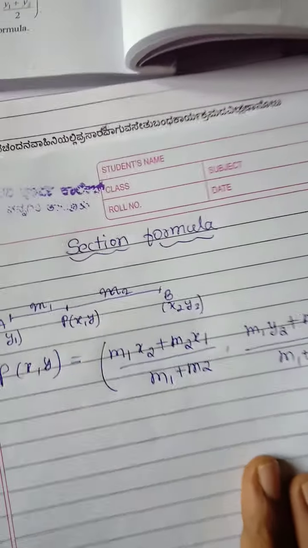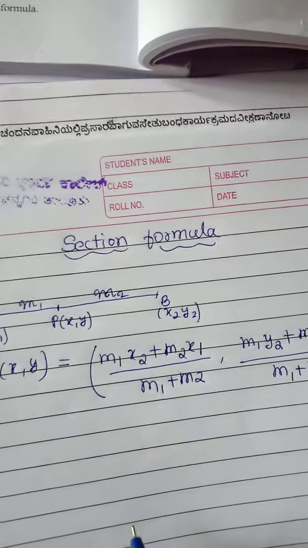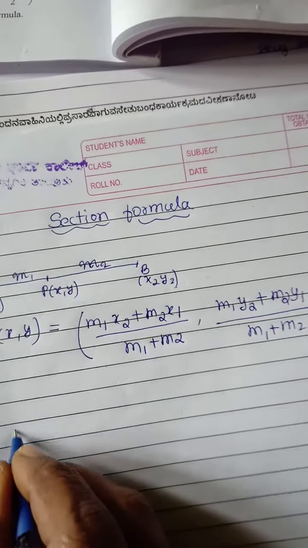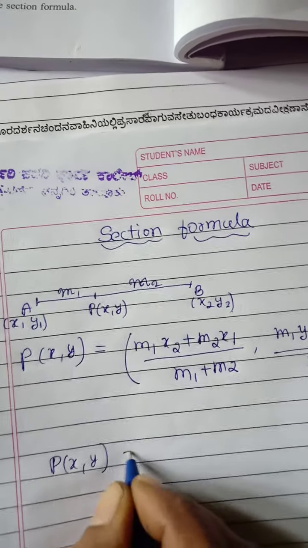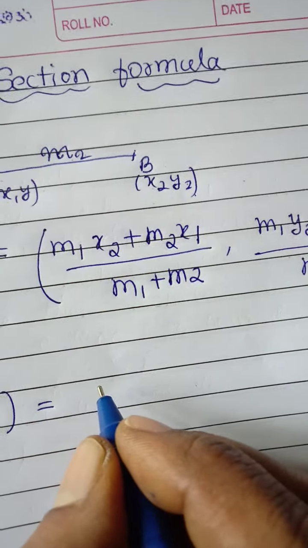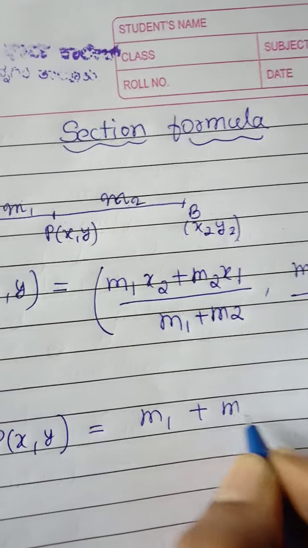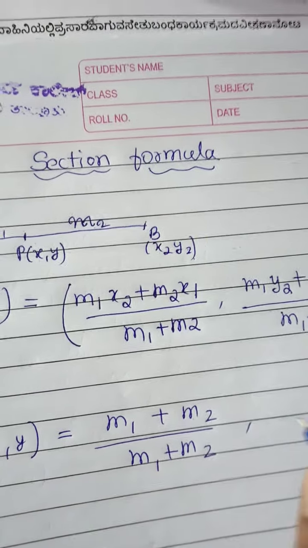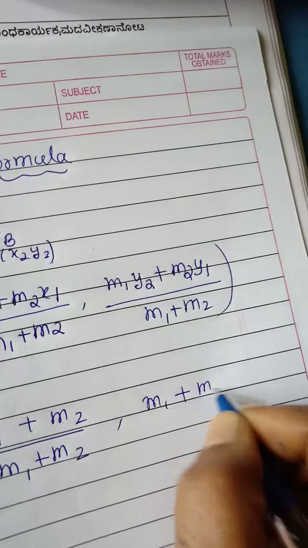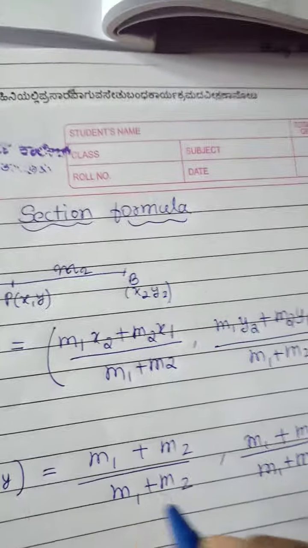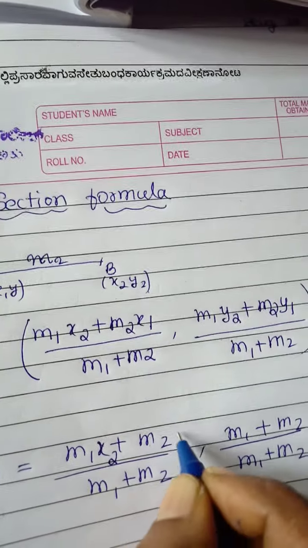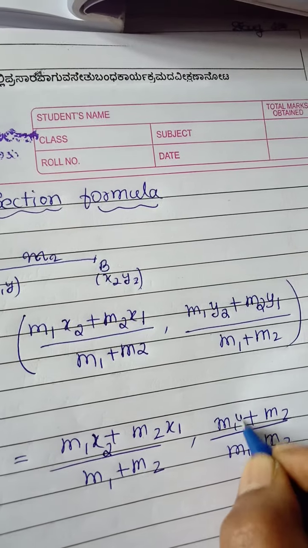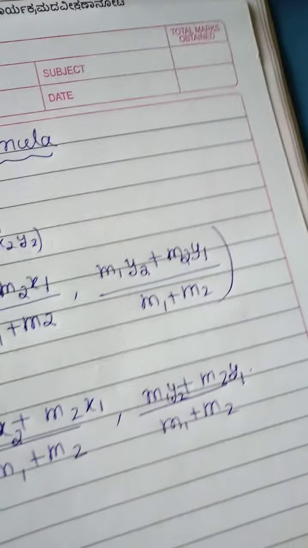This section formula can be easily written like this. P(x, y) is equal to: first of all, write (m1 plus m2) divided by (m1 plus m2), comma, here also (m1 plus m2) divided by (m1 plus m2). First of all write this much, then here add x2 and x1, and here y2 and y1. That's all.